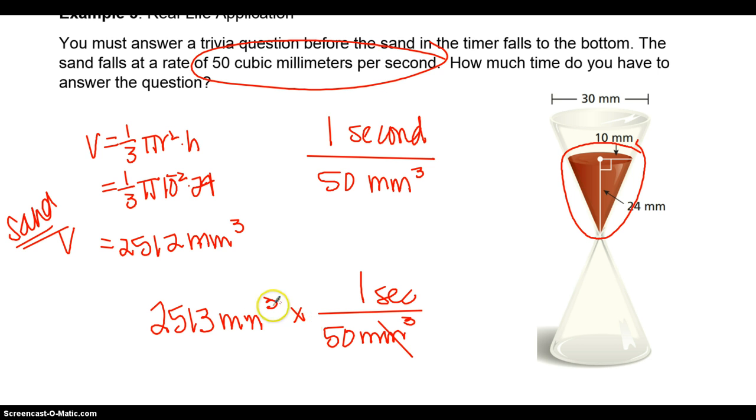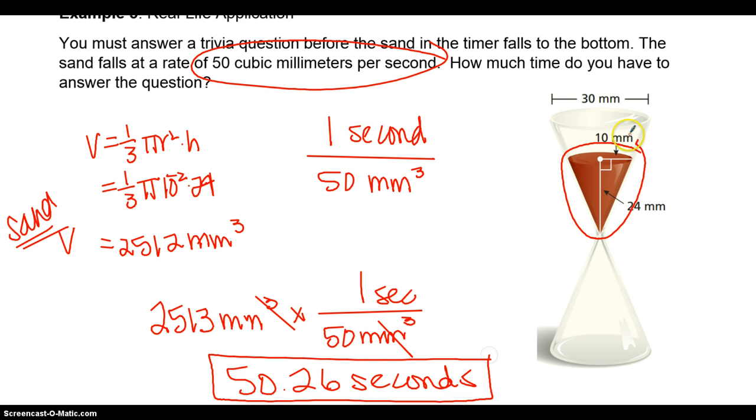This goes away. So really you take 2,513 multiplied by 1 divided by 50, and you get approximately 50.26 seconds.